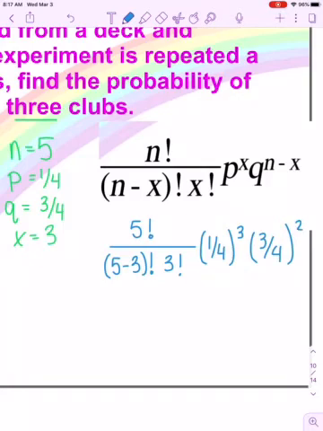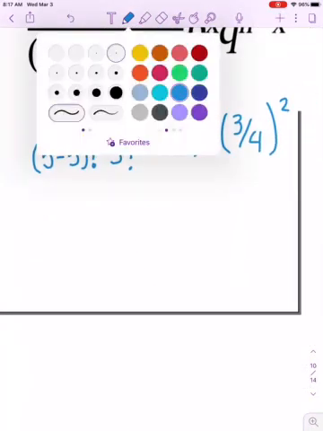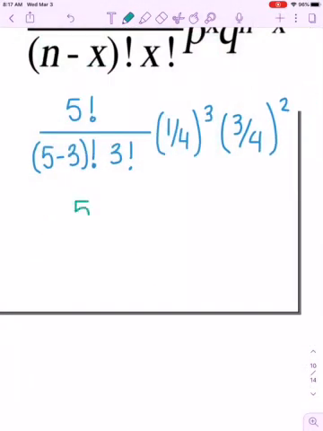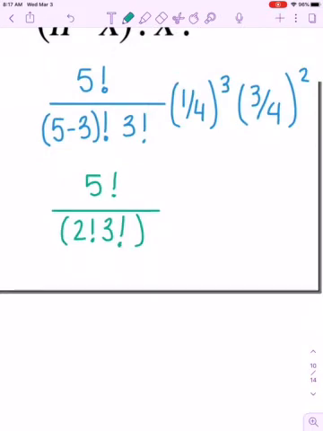So my x was 3, and then n minus x, so 5 minus 3 is 2. Okay? Simplify your bottom before you put in your calculator. So 5 minus 3 is 2 factorial, and then that 3 factorial. You want to keep them together on the bottom, and then put those in your calculator. So 5 factorial divided by parentheses, 2 factorial, 3 factorial. Close parentheses, you get 10.